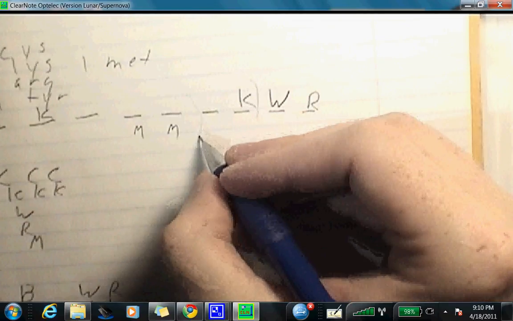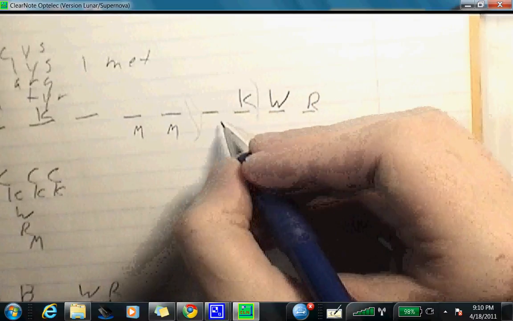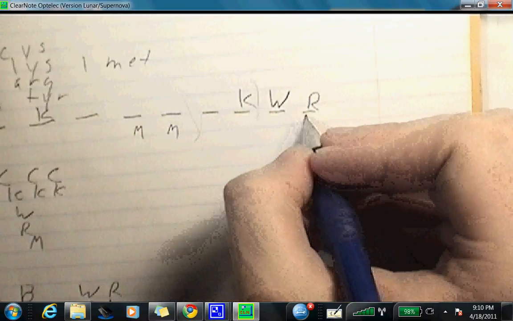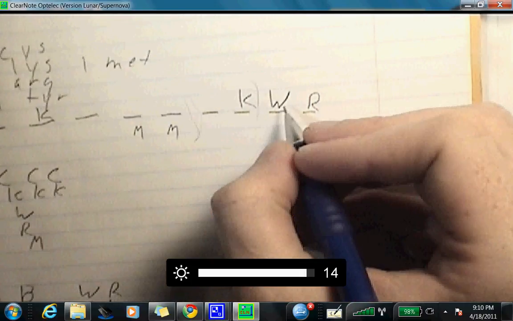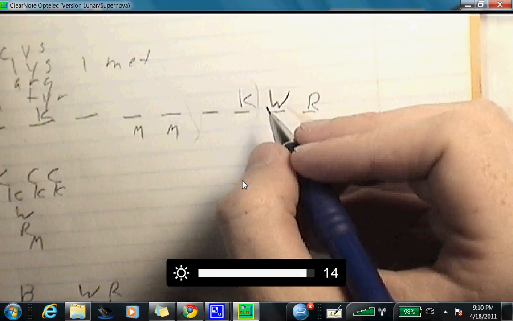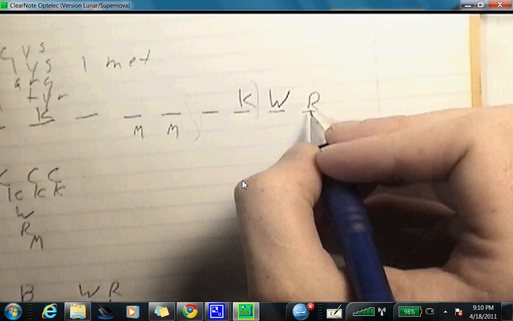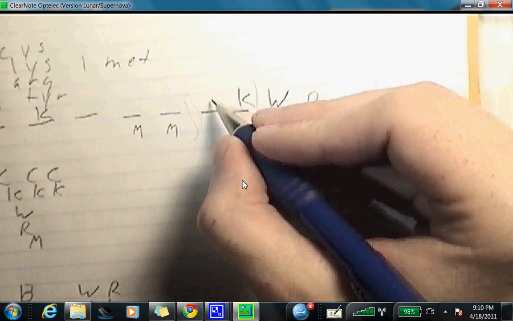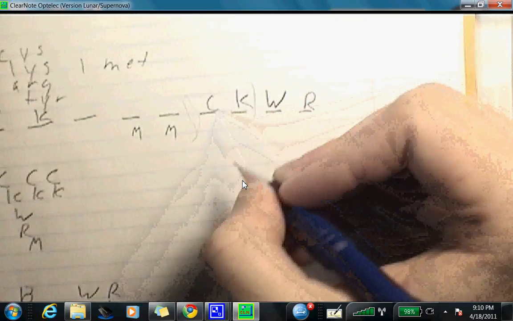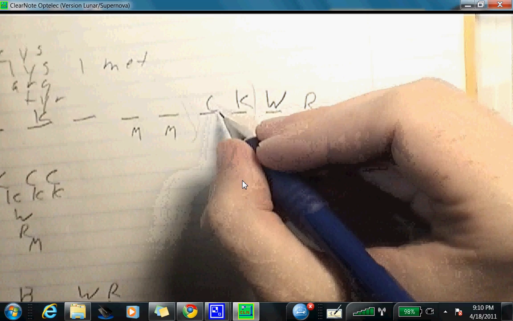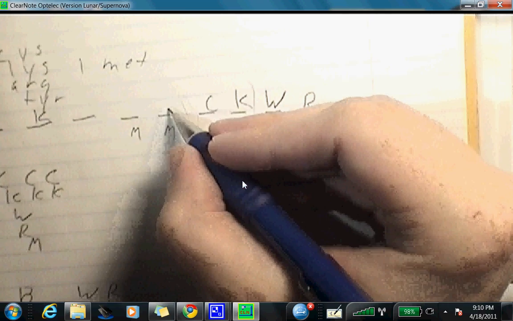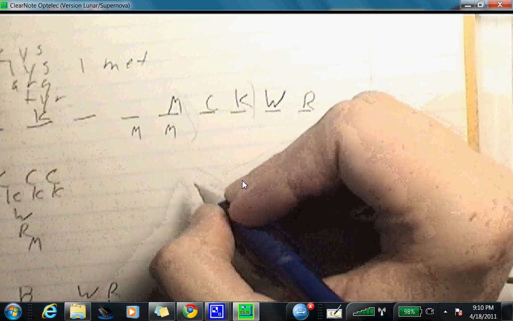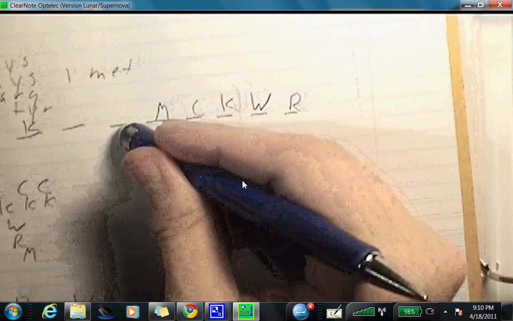That means it must cut here to produce a 4 amino acid peptide chain with tryptophan and lysine. What that also tells us is that cytosine is in here too. So cytosine must be this one. Methionine must be this one. So we can erase these.